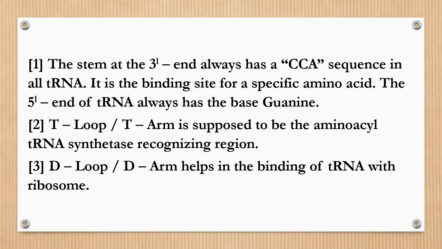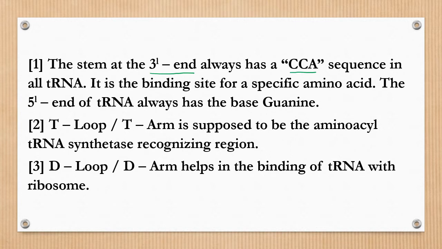Now let's see the structure of the clover leaf model of this tRNA. The stem at the third end, the 3' end, always has the CCA sequence in all tRNAs. Why do we say all tRNAs? Because each amino acid has its own tRNA.